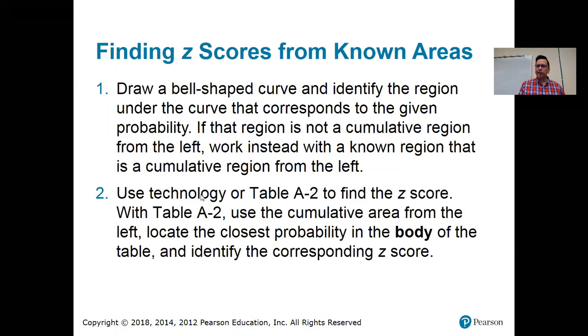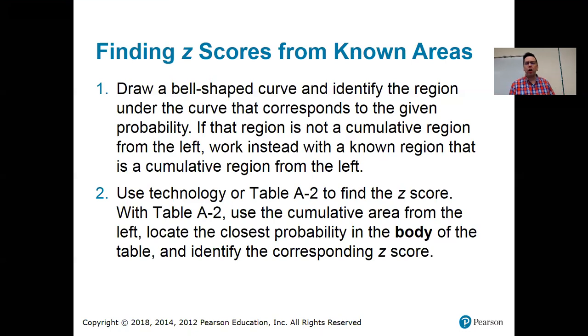All right, and then use technology or the table to find the z-score that goes with that area. Now, most areas are not listed in the table, because those area numbers kind of skip around. You'll see what I'm talking about here in a minute. So if the specific area you're looking for is not in the table, then just pick the one that's the closest.